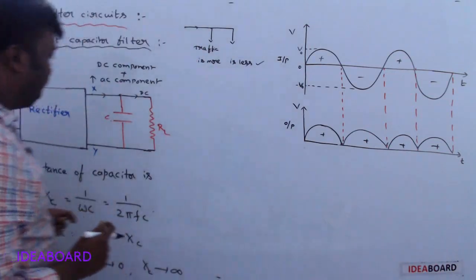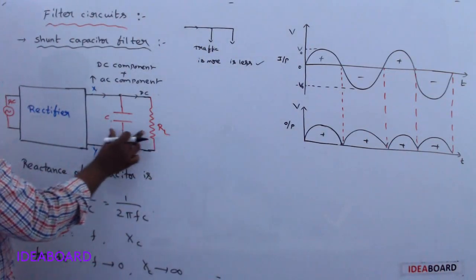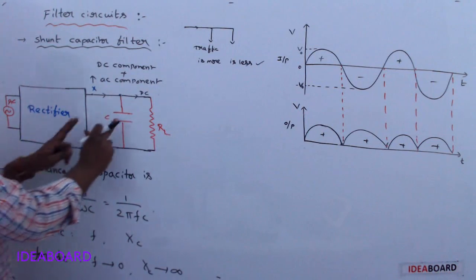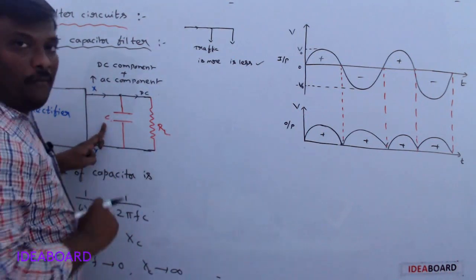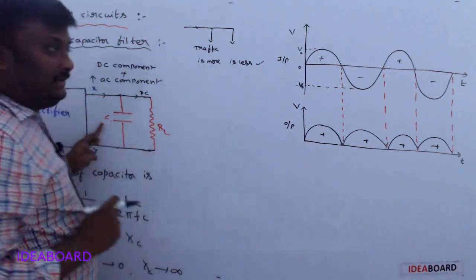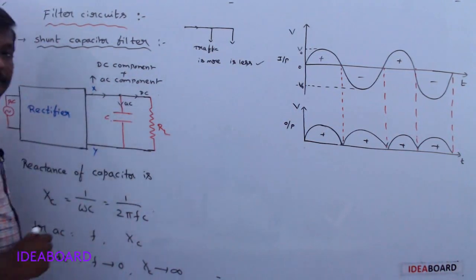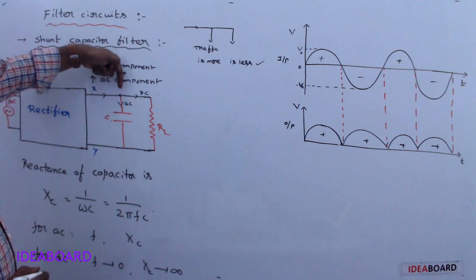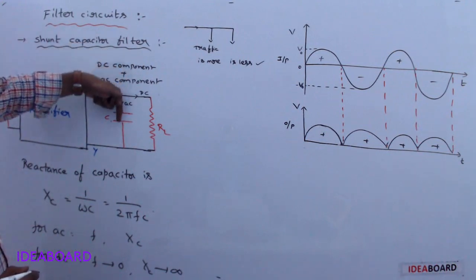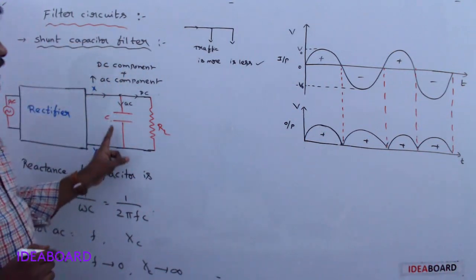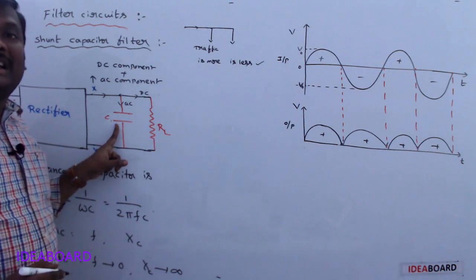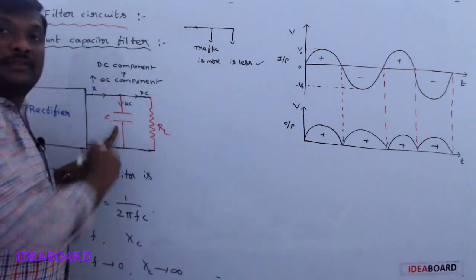In a similar way, here we have the load resistor and here one capacitor. If the capacitor offers less reactance, then no doubt AC will pass through it. So the AC component is bypassed through the capacitor only if the capacitor offers a low resistance value.